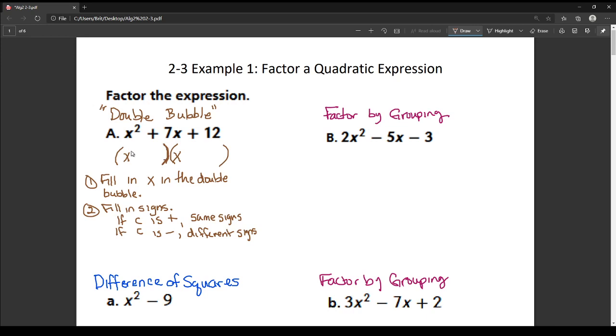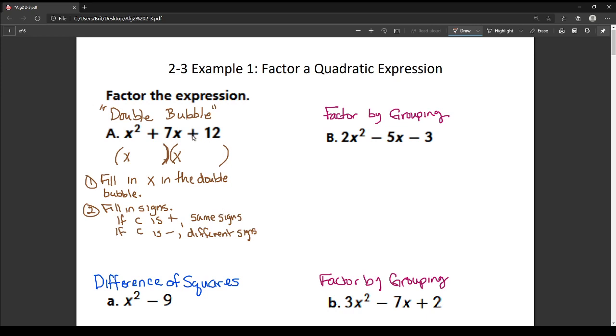If I wanted to revert from the factored form into the standard form, I would go about distributing the first parenthesis to the second parenthesis. And so to generate this last term, the 12, I'd be taking whatever is here and multiplying it by whatever is here. So in order to get a positive number through multiplication, your signs have to match.